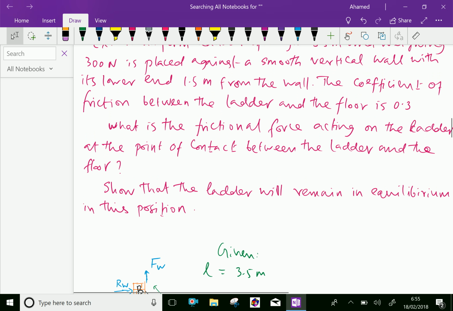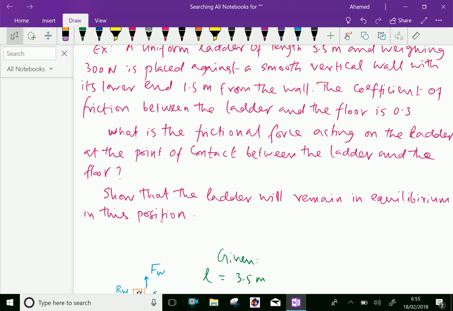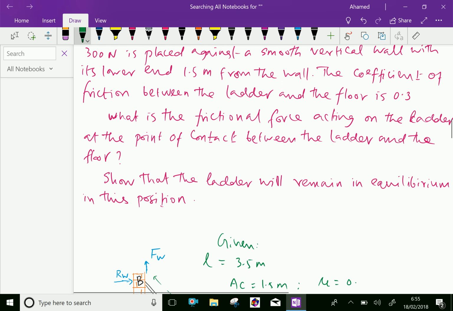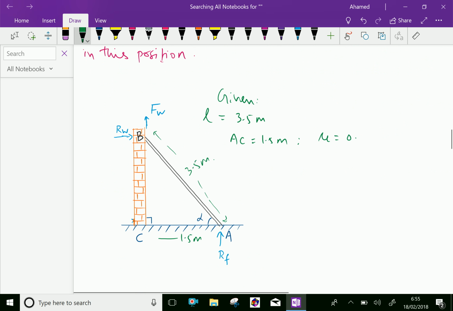And the coefficient of friction between the ladder and the floor is 0.3. The coefficient of friction, that is mu, and we can write the length AC equals 1.5 meter, and coefficient of friction mu equals 0.3 is given.